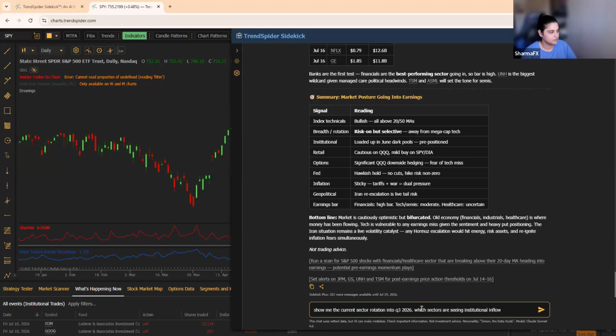And I can do this myself too if I just pull up what's happening now and look at the institutional side inflows, but I don't want to do all that. I have very little time. I have less than an hour and a half now to do the full analysis and put in my orders. And then I'm going to say, how does this connect to the calendar starting July 14th?